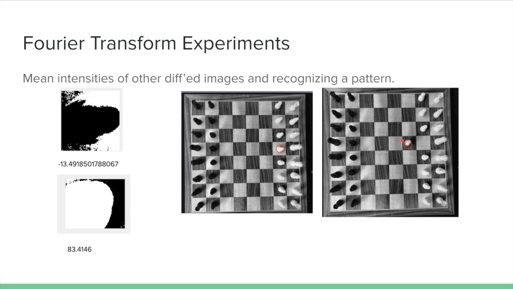And we're taking this and subtracting this from this specific square or location, and this is all done in the Fourier or frequency domain, and converted to the spatial domain, and that gives an extreme mean intensity of 83.4146, which essentially shows that there was a difference.